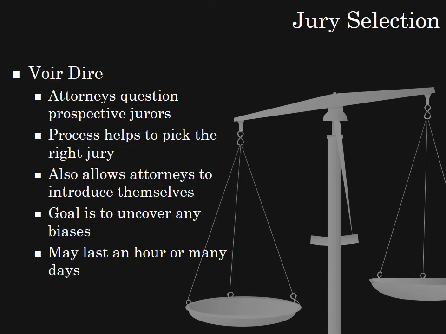So the process of selecting a jury is called voir dire. That's the process we need to go through, where we're going to be asking those potential prospective jurors some questions. Now, it might be that in the beginning, when the jurors report, the judge is going to ask some general questions to try to weed out certain people.